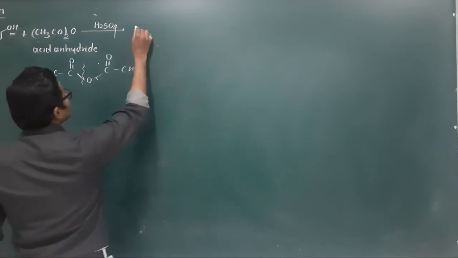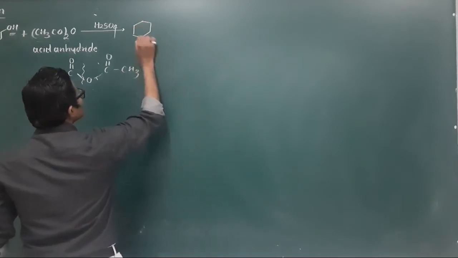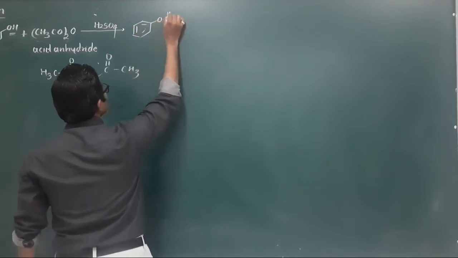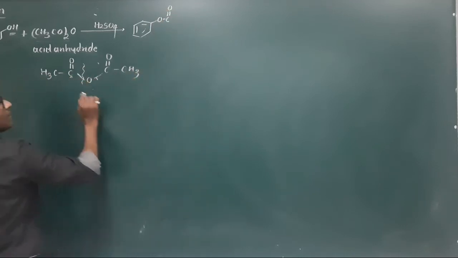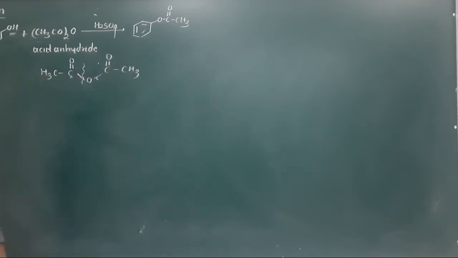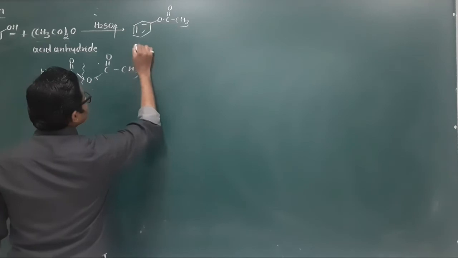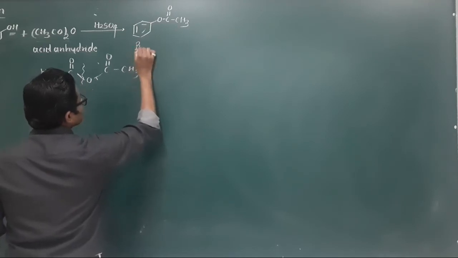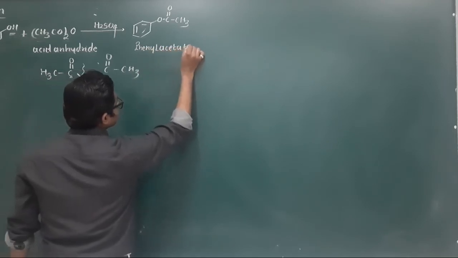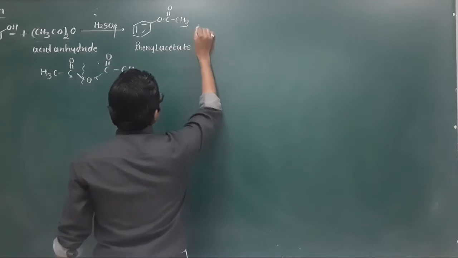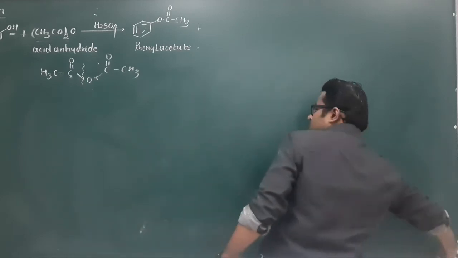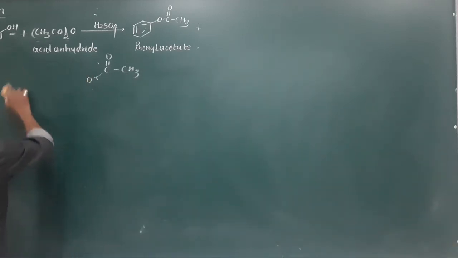The moment it replaces that hydrogen, we get our first product, which is O, C double bond O connected to this carbon, and further connected to CH3. Thus, what we get is phenyl acetate, plus the other part that is left over.